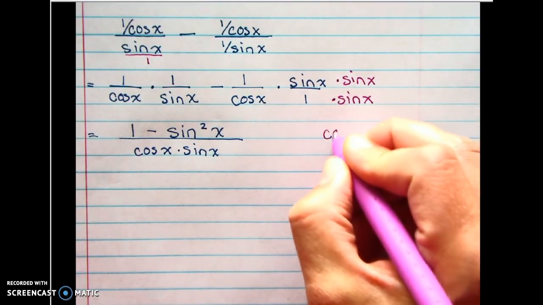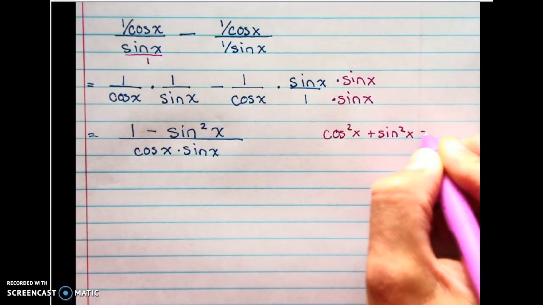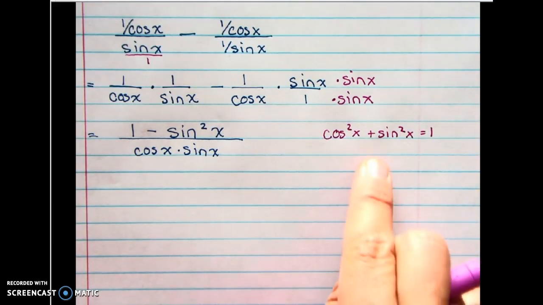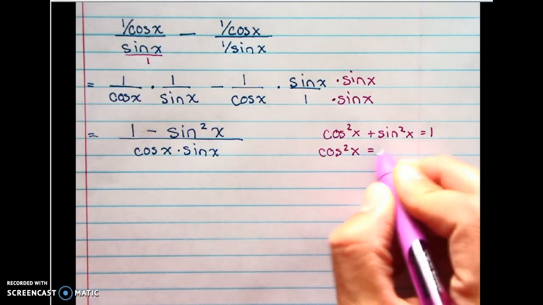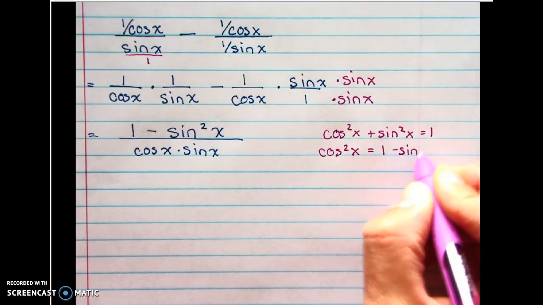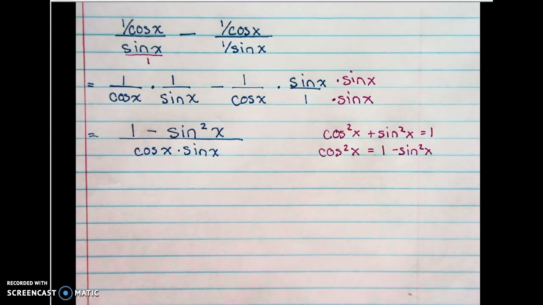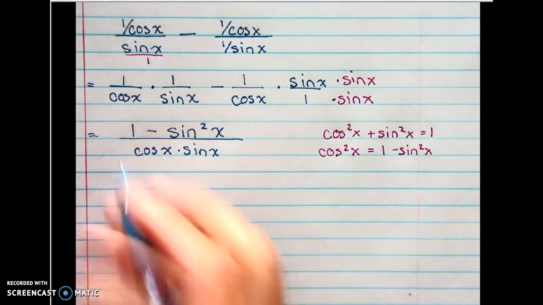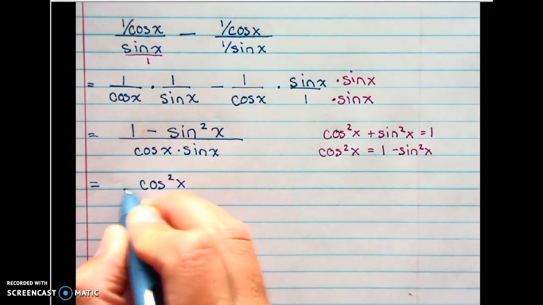So we know that cosine squared plus sine squared equals the number 1. So 1 minus sine squared, if I were to subtract the sine squared from both sides, what's 1 minus sine squared equal to? Cosine squared. So I'm going to replace 1 minus sine squared with cosine squared.